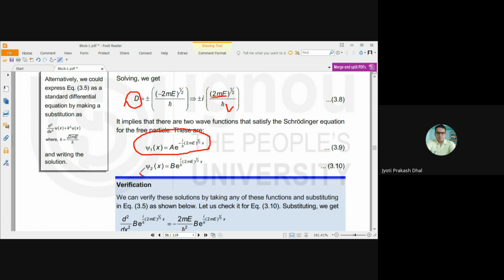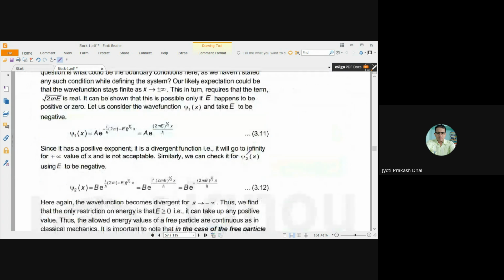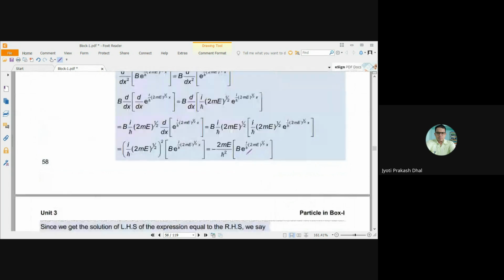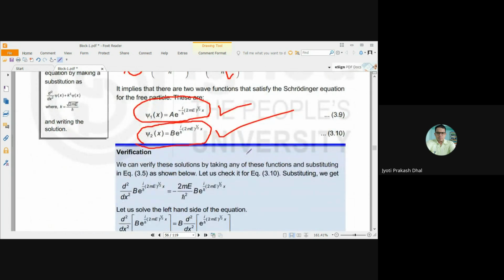Similarly, psi 2 equals, here we are putting the value of D as plus i square root of 2mE divided by h cross, and similarly if we put the value of D equals minus i square root of 2mE by h cross, the wave function will be like this. So these are the two wave functions for the free particle moving along the x-axis.